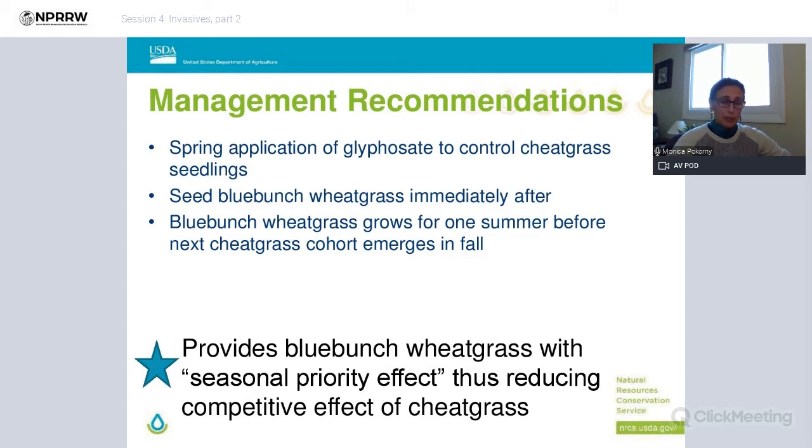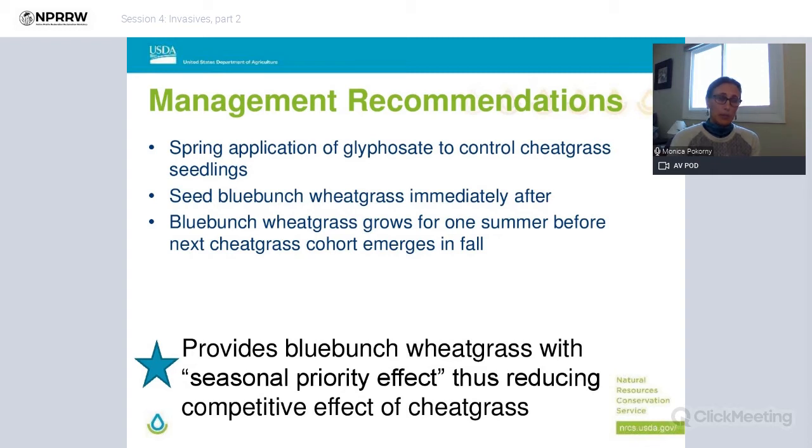We know that a lot of times in our area, spring applications of herbicide and seeding are just really hard to do because you have spring rains and wet soils and it's hard to get into an area. But what we found was that if we can get into the area to spray the cheatgrass before seeding, it was really important to knock the plant back and suppress the seed bed.